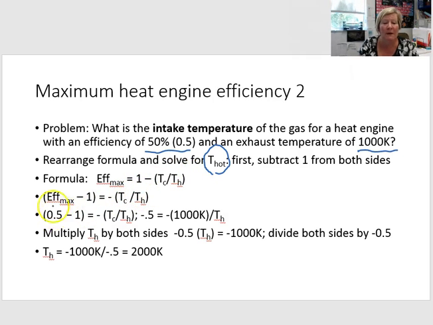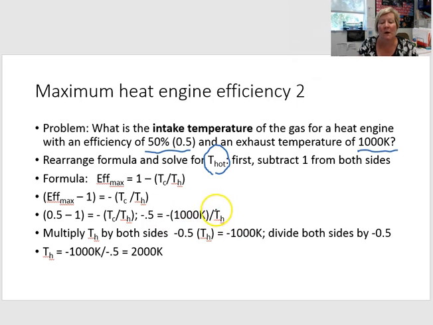So let's plug in our efficiency of 0.5 minus 1, and that becomes equal to negative T cold over T hot. 0.5 minus 1 is negative 0.5. If we plug in the T cold, the exhaust temperature, it tells us, is 1,000 K. So that's T cold. Exhaust is T cold. So 1,000 K divided by T hot.